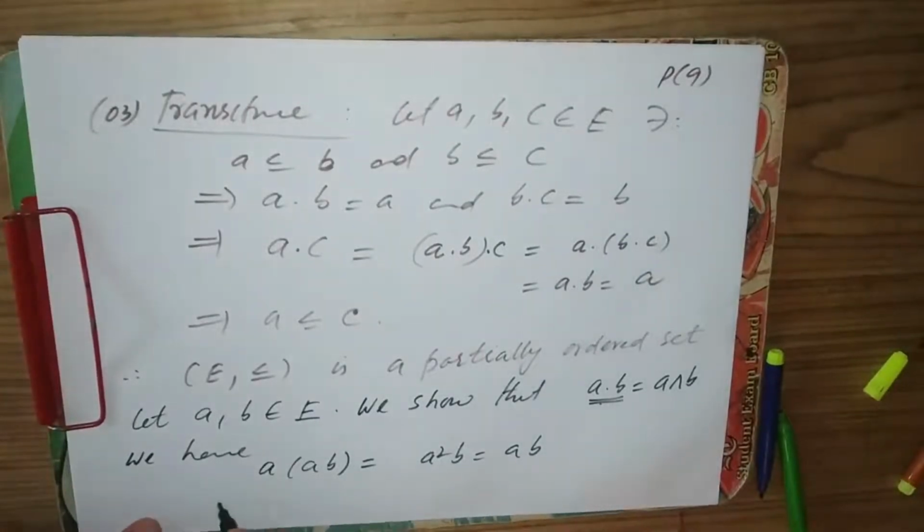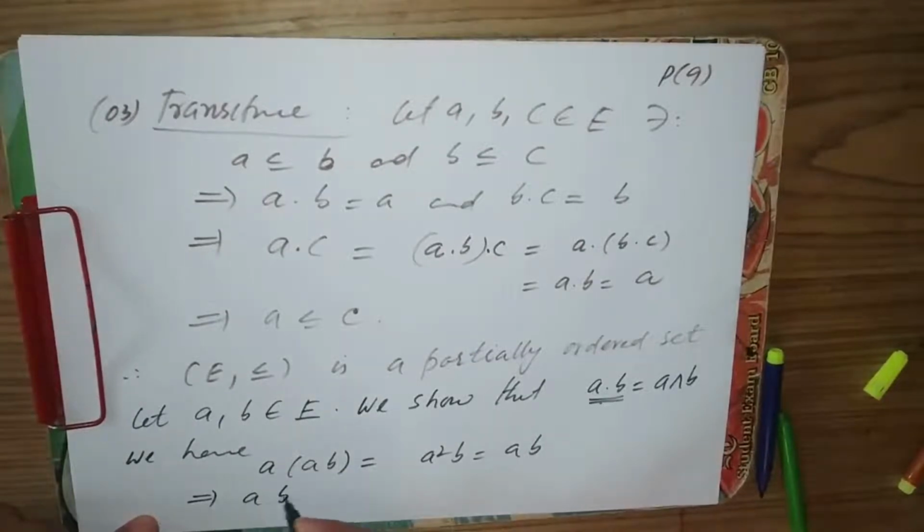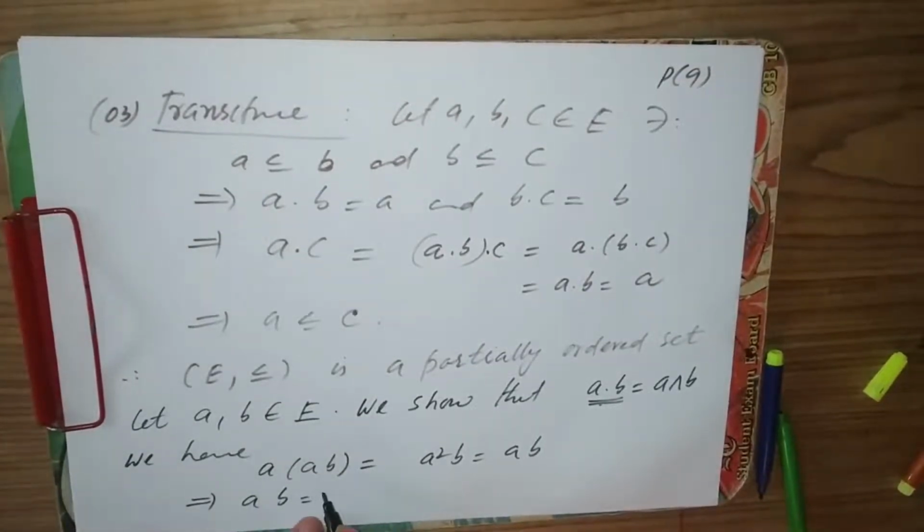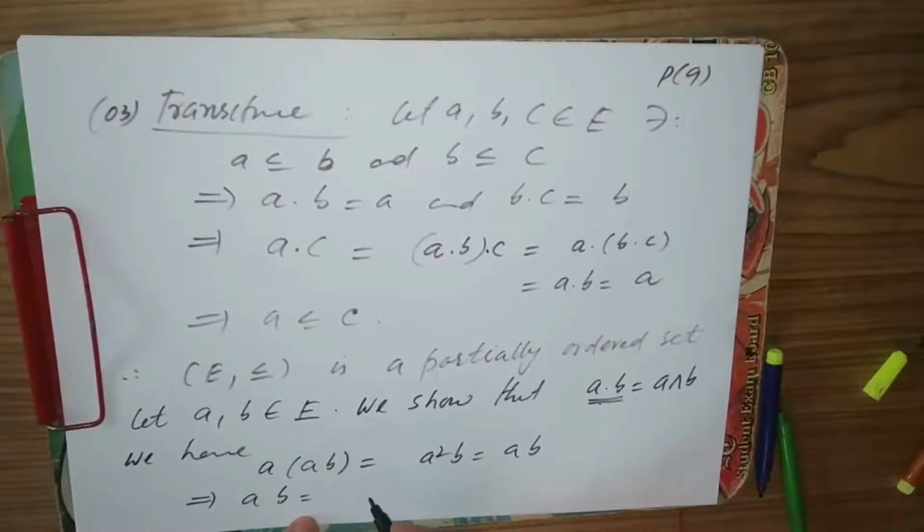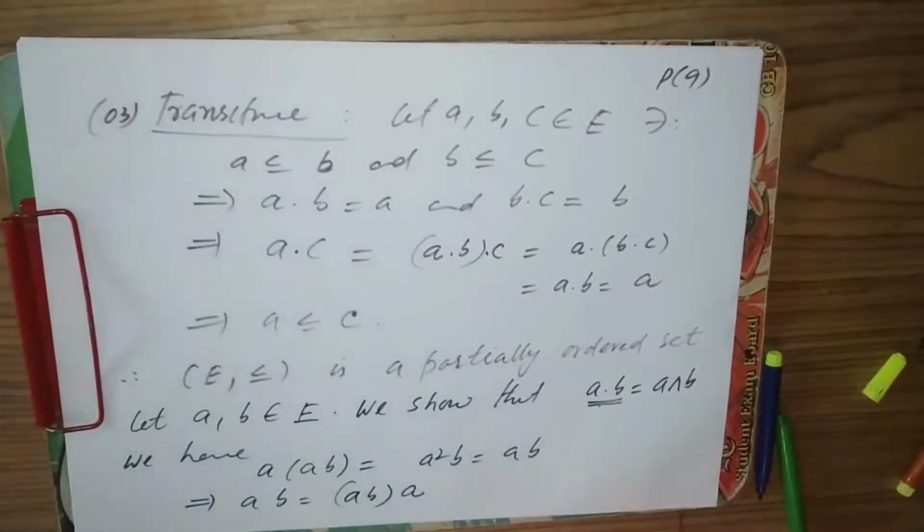This means that AB is equal to, using the commutative property, AB into A. AB is equal to AB into A.